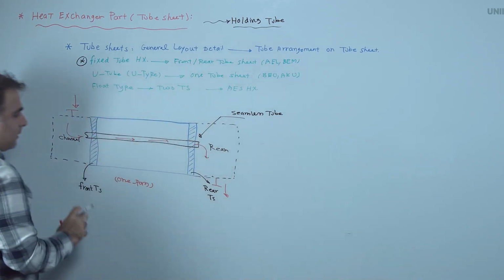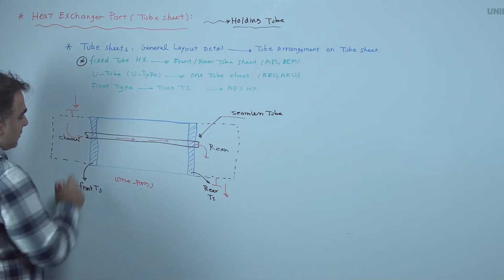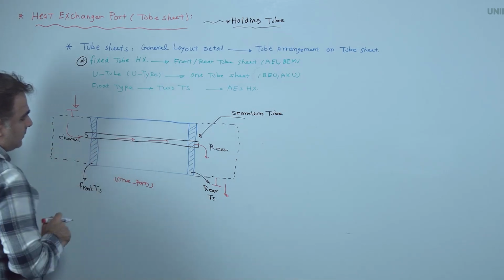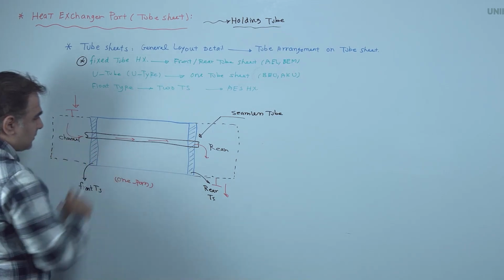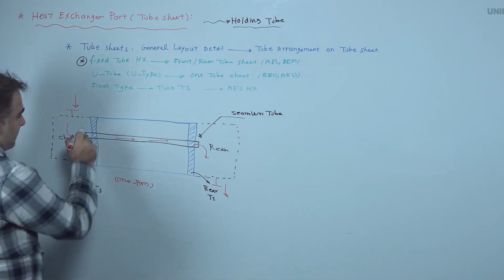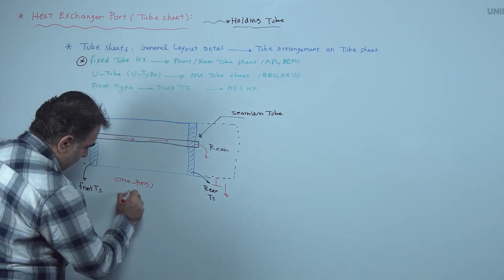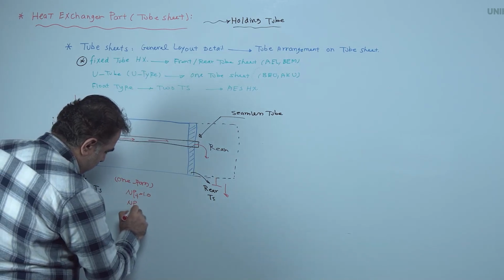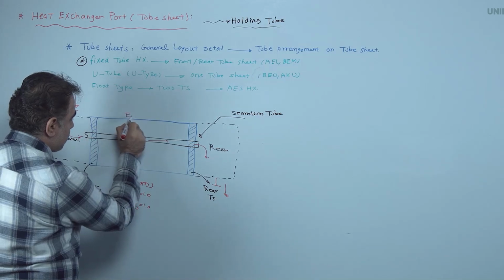The tube sheet holds the tube. In addition, the heat exchanger fluid is conducted inside the tube. The direction of fluid is conducted inside the tube. This is one pass. NPT one pass, and NPS is one. For example, E shell.